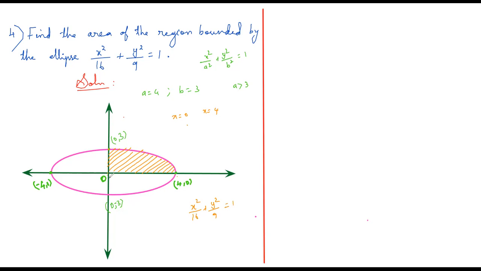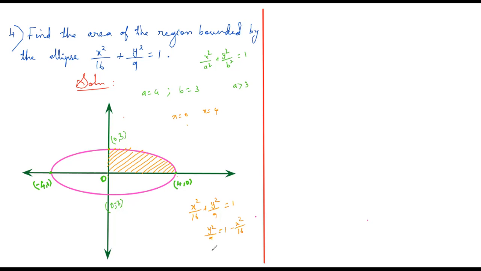Suppose you take the limit of y equal to 0 to 3, then you are supposed to find the x values from x. Now let's find y because we are taking the limit of x equal to 0 to x is equal to 4. You get y squared by 9 is equal to 1 minus x squared by 16.